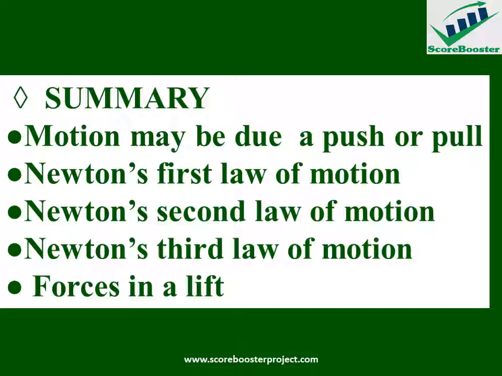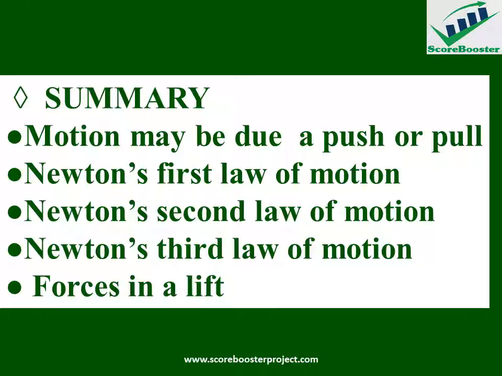Also, through Newton's second law of motion, we realized that momentum is related to impulse. We considered momentum as the product of mass and velocity of an object. We said momentum is a vector quantity because it has both magnitude and direction, and the unit of momentum is kilogram meter per second.